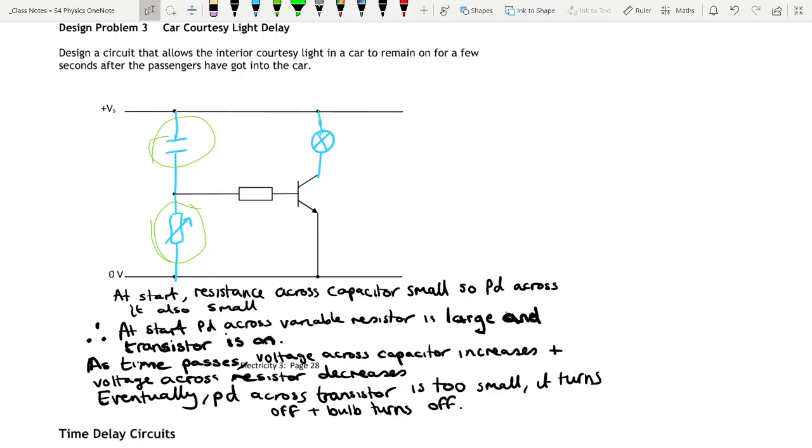As time passes though, the voltage across the capacitor increases. So the voltage across the variable resistor starts to decrease, and it eventually gets small enough that the transistor will turn off and the light bulb will turn off. So in this case, the light bulb starts off on and turns off after a certain amount of time, depending on how big the capacitor is.